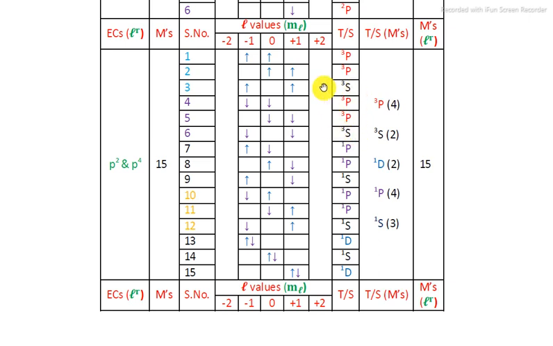In other cases, if the electrons are present in the first orbital and the middle orbital, or in the middle orbital and the last orbital, you get the term P, and for this one and this one also you get the P term. Here the ground energy term is 3P with 4 microstates and 3S terms are 2. Let us go for the 7th microstate.